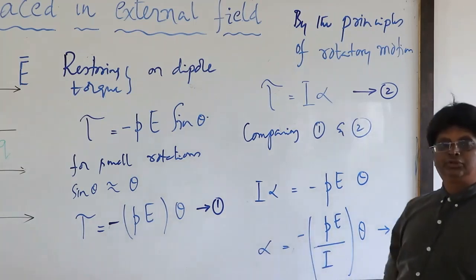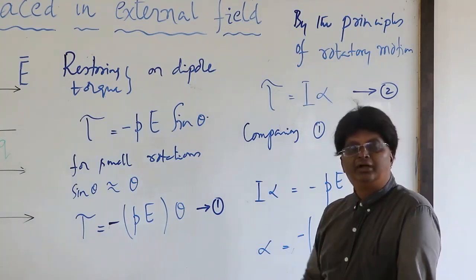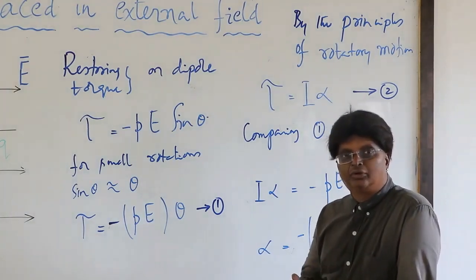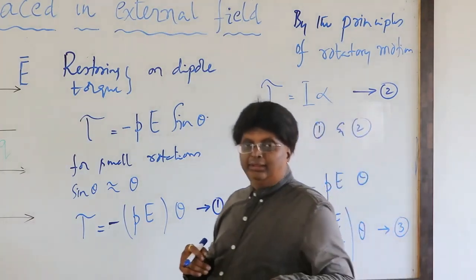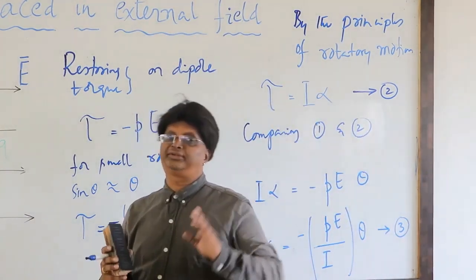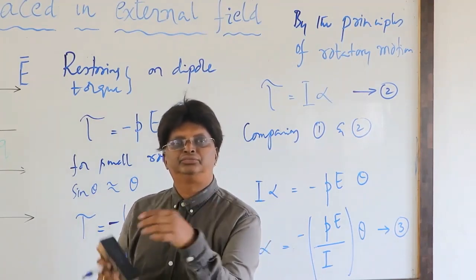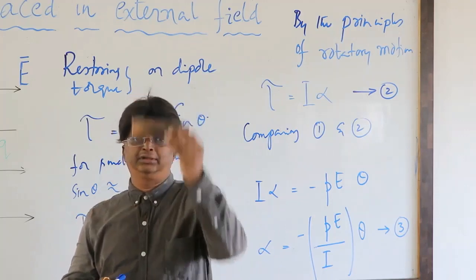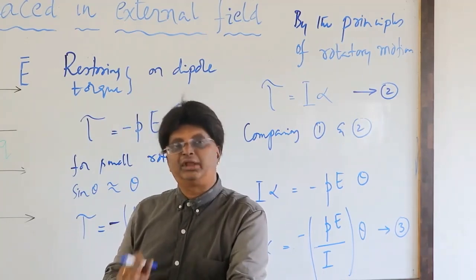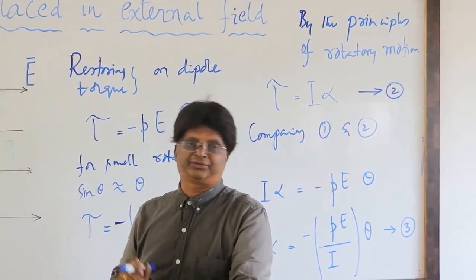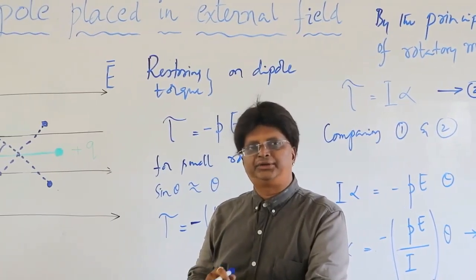Now we say it is making angular SHM, and for that let us use our understanding of the principle of SHM. Simple harmonic motion, what is the condition we write? If it is linear SHM, oscillations vertically or horizontally with translational displacements, we write F is equal to minus Kx, K for the force constant and x for the displacement term.